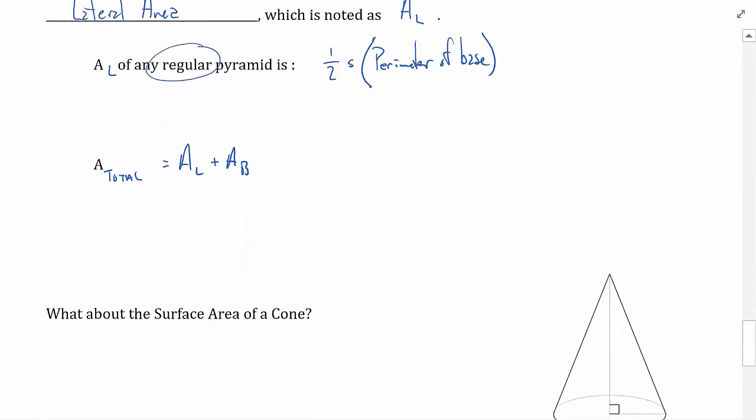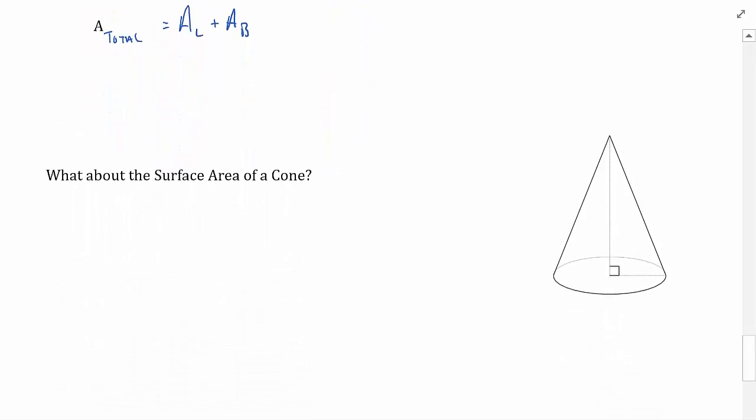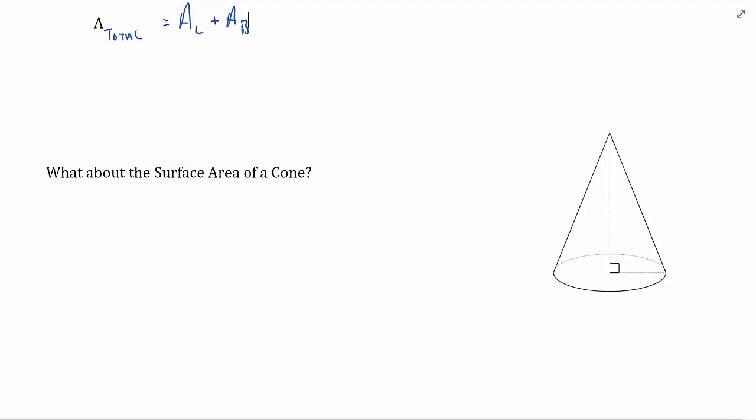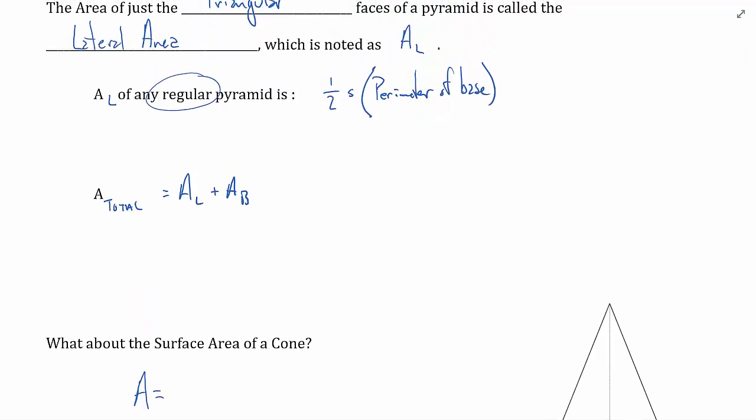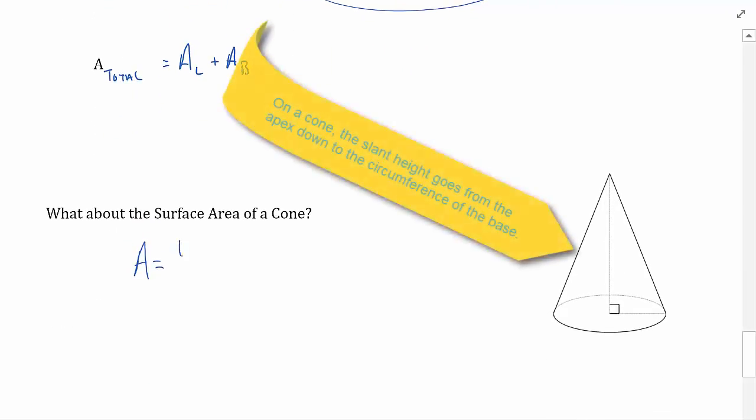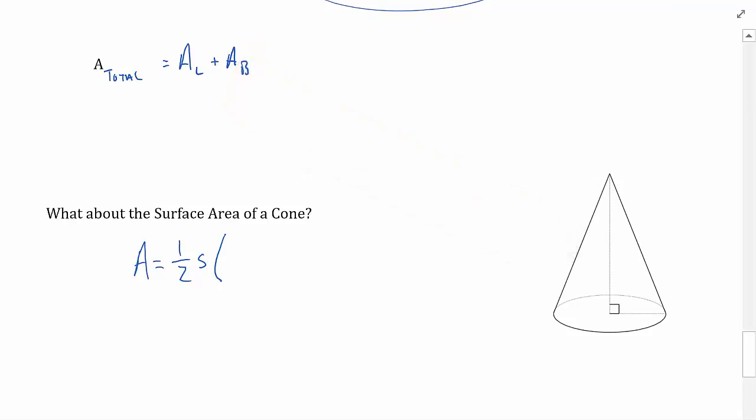So what does this tell us then about the surface area of a cone? Well, it turns out that we can calculate the surface area of a cone in exactly the same way. The lateral area plus the base area. How do you get lateral area? Well, again, 1/2 S times perimeter of the base. The base is a circle. That's called circumference, and circumference is equal to 2 pi r.